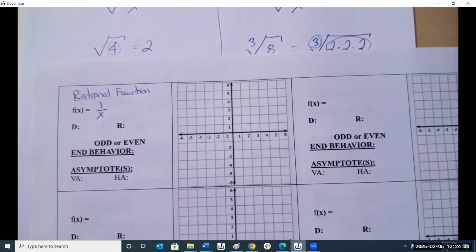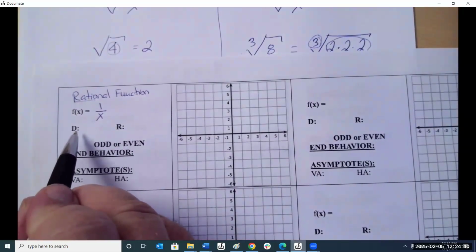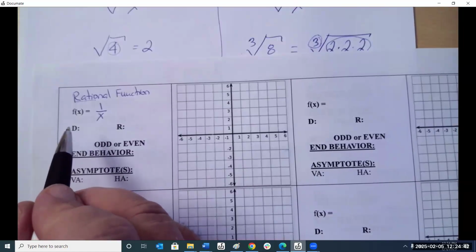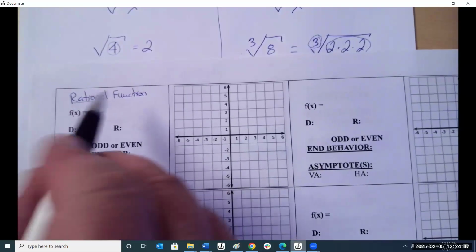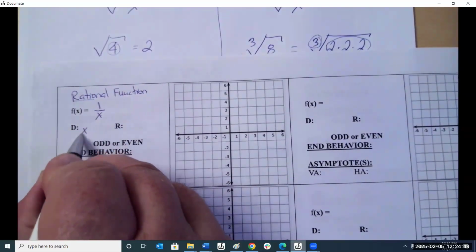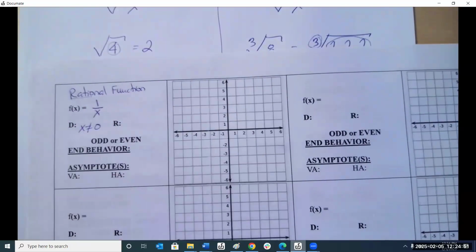Since we have x on the bottom, that changes the rules. What can we not have in the bottom? 0. So what can we not use in the domain? Since x is on the bottom, x cannot equal 0.